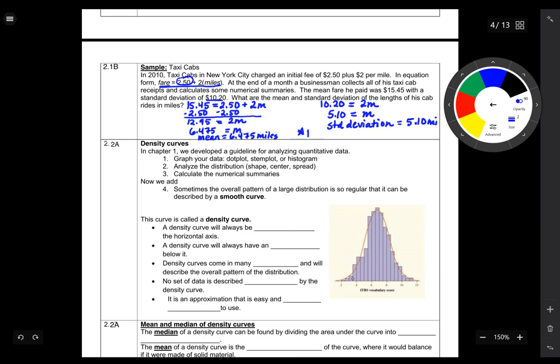So don't subtract 250 because subtracting a constant from each observation doesn't change the spread.